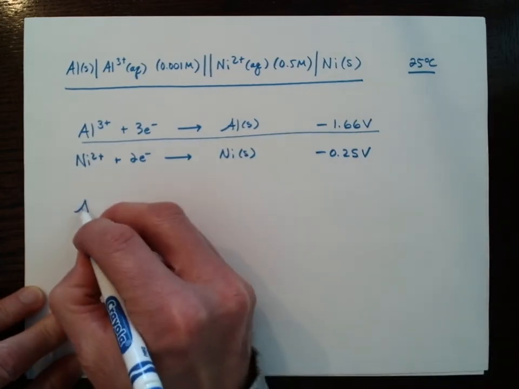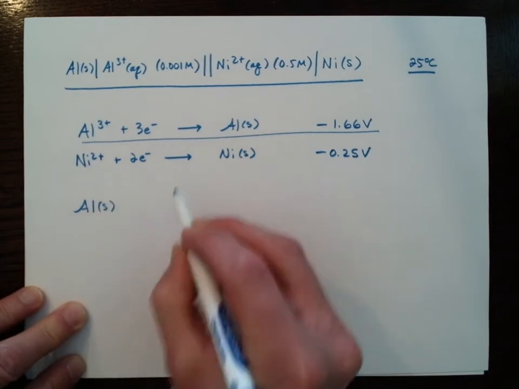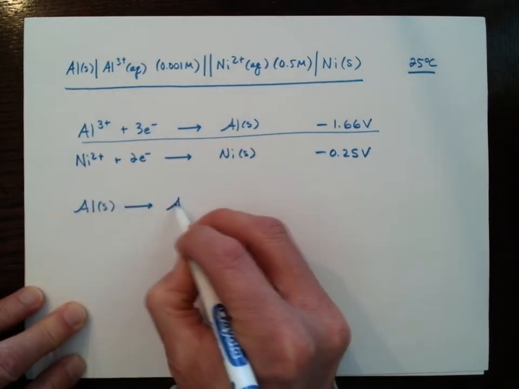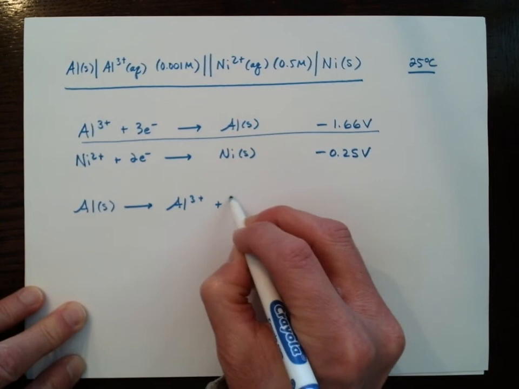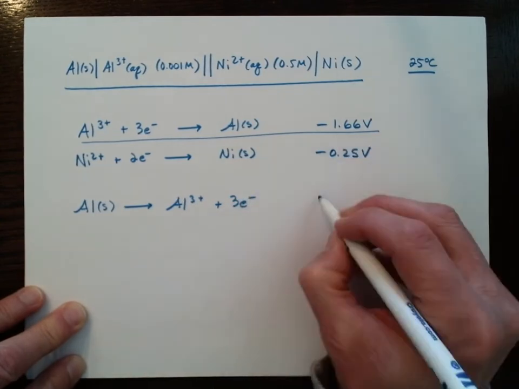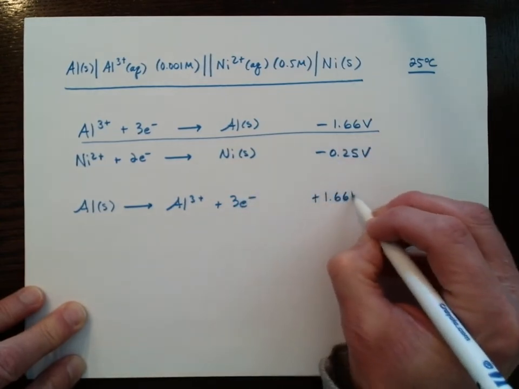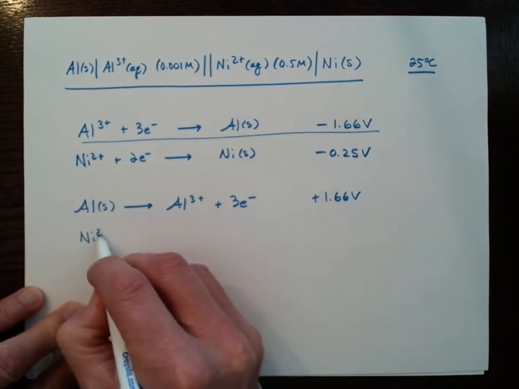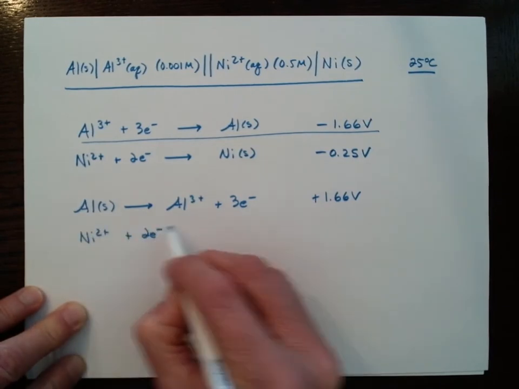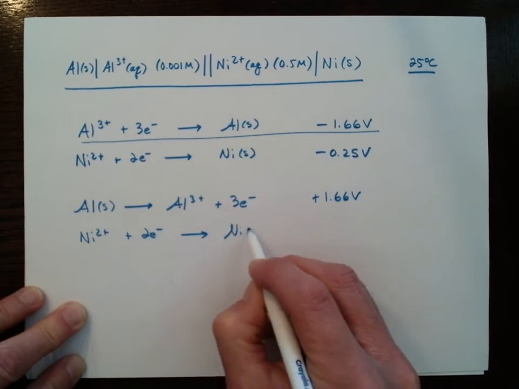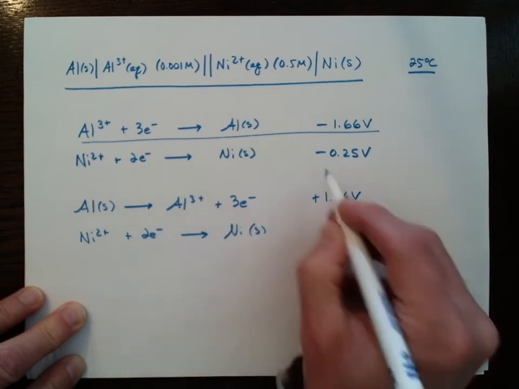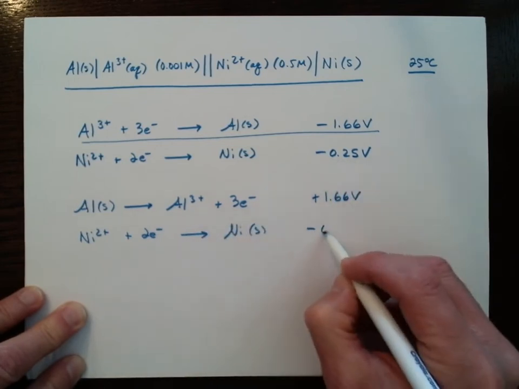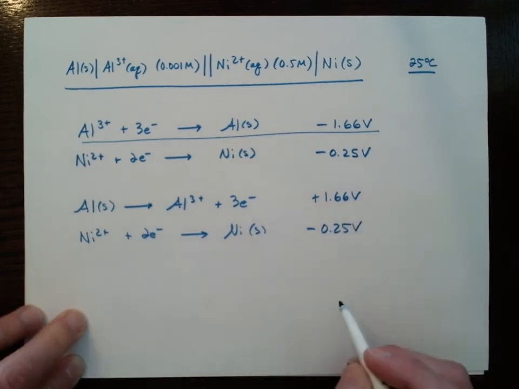I'll just write solid aluminum goes to aluminum 3 plus plus 3 electrons, and then of course I get to flip the sign because I made this an oxidation. The other one would just be nickel 2 plus plus 2 electrons goes to nickel solid, and because we didn't flip this, we leave this at a negative 0.25 volts.